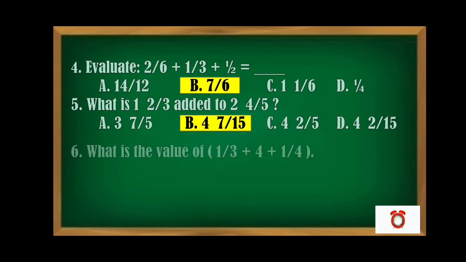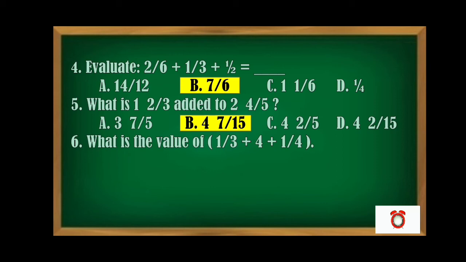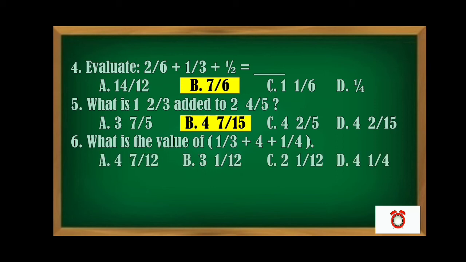How about number 6? What is the value of 1/3 plus 4 plus 1/4? Is it A, 4 and 7/12, B, 3 and 1/12, C, 2 and 1/12, or D, 4 and 1/4? Very good. The correct answer is letter A, 4 and 7/12.